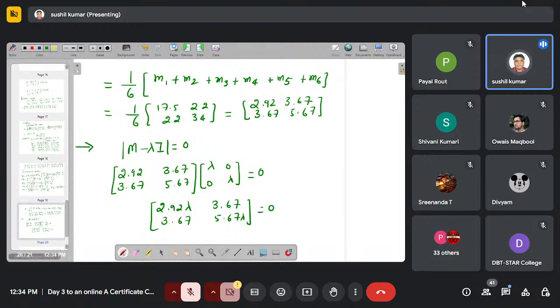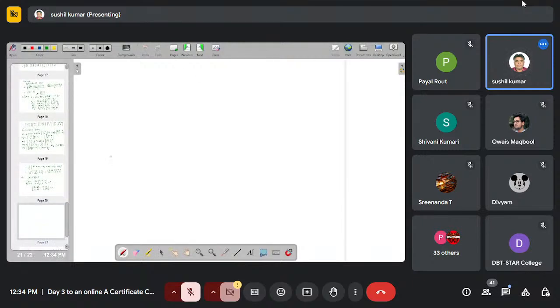Sorry, the earlier working was not correct. So you can write 2.92 minus lambda, times 5.67 minus lambda, minus 3.67 into 3.67, is equal to 0.